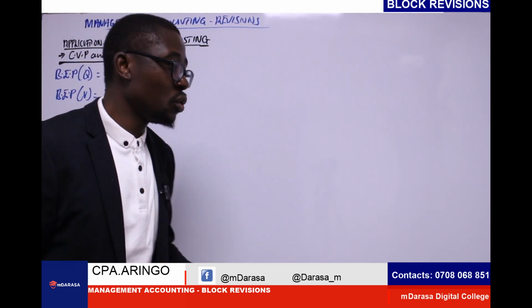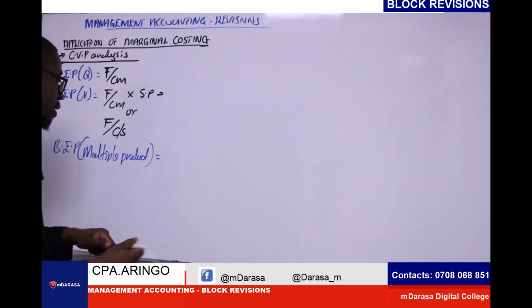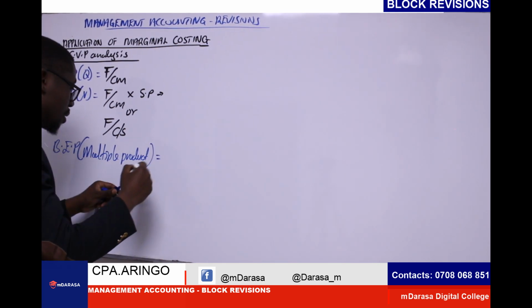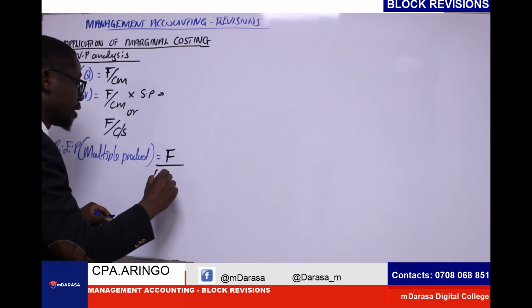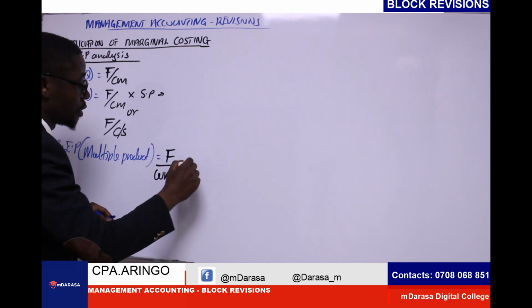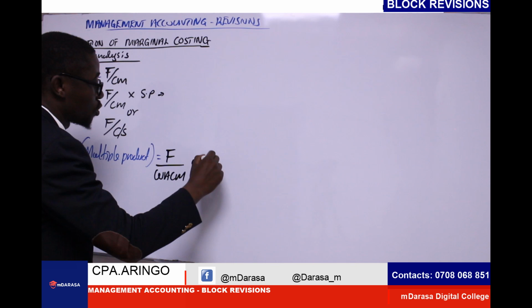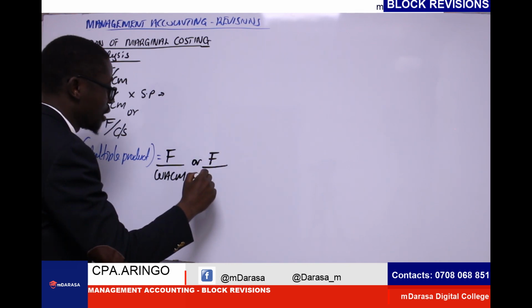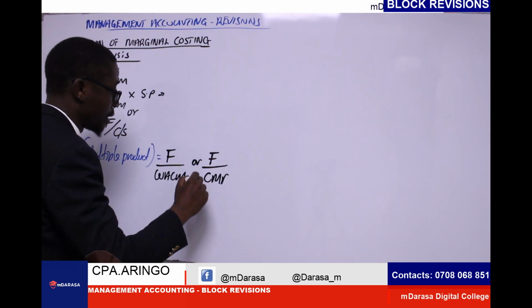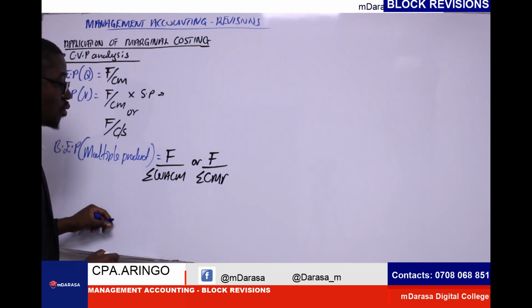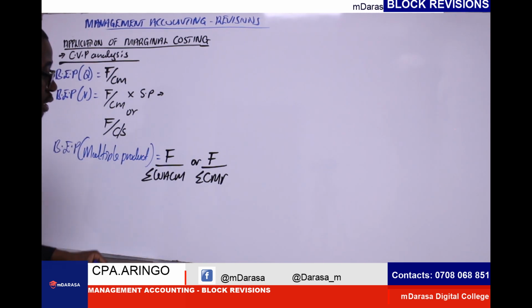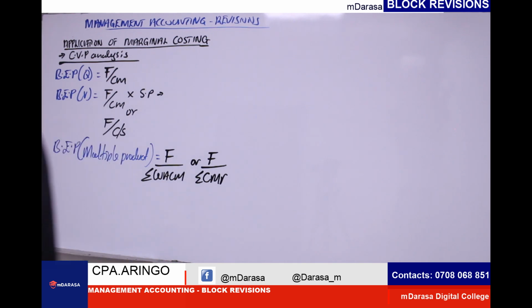To do this, we divide fixed cost by the weighted average contribution margin, or simply fixed cost over CMR, that is the summation of contribution margin ratio, and of course the summation of our weighted average contribution margin. So these are the key areas that you must always be able to understand anytime you're dealing with break-even.